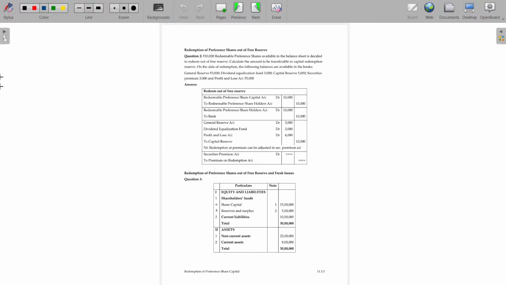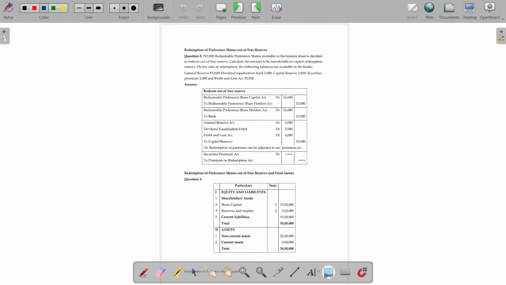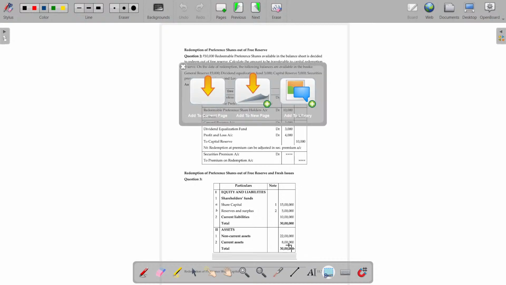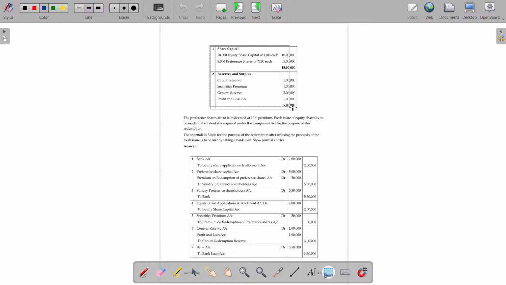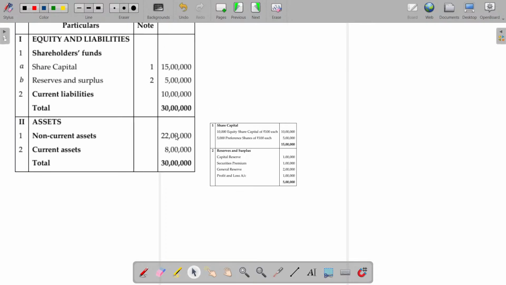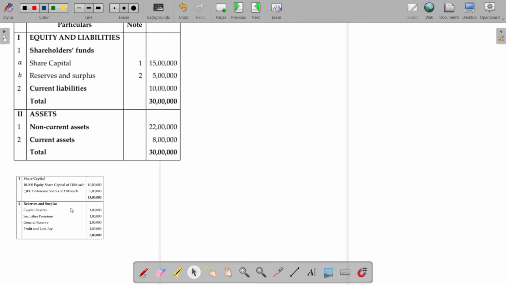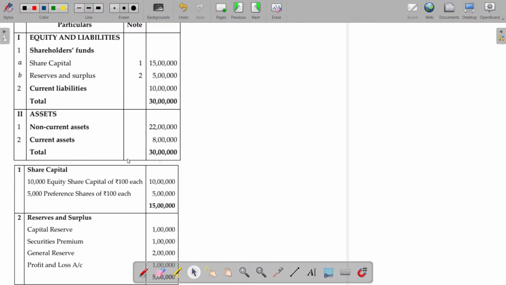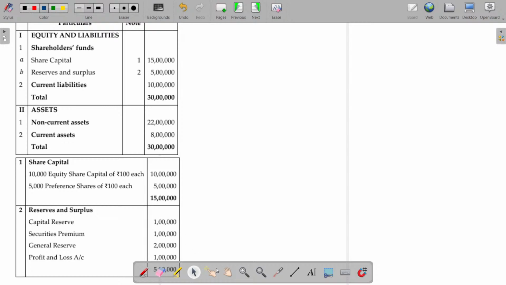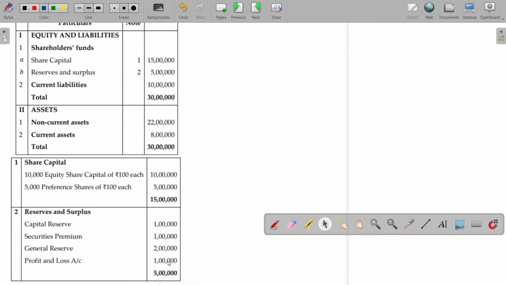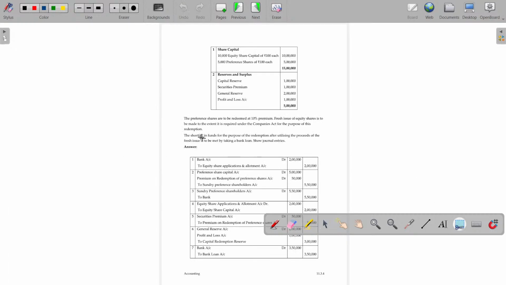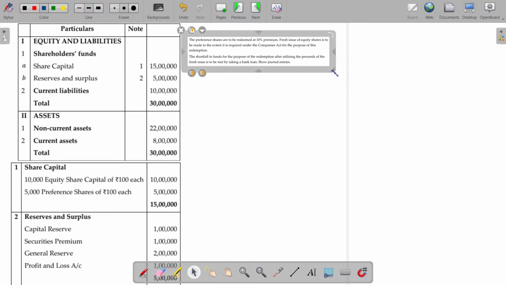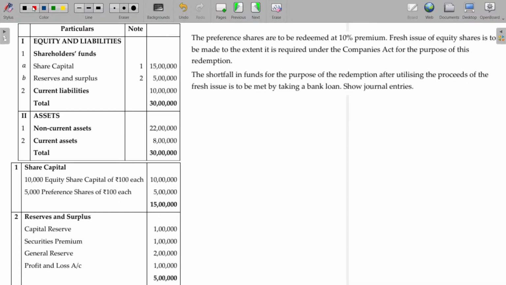Question number 3. Redemption of preference shares.